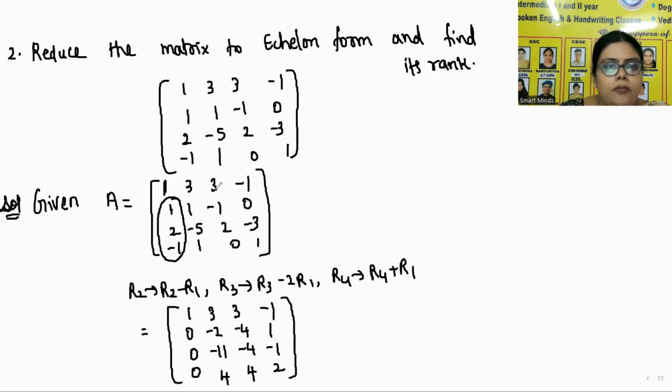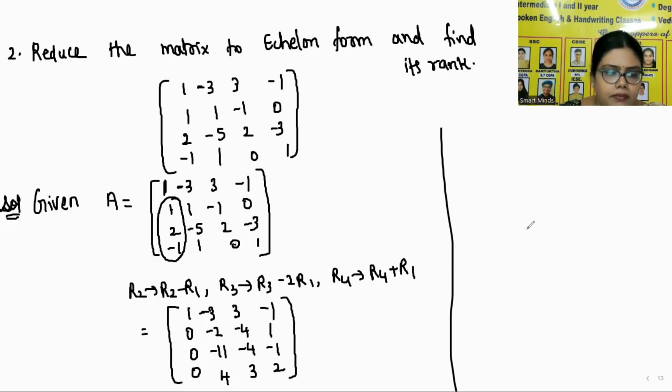So here 0 plus 3 makes 3, not 4. So this will be 3. And this will be minus 3, no? In the question it is minus 3. 1 minus 3, 3 minus 1. So this is minus 3.